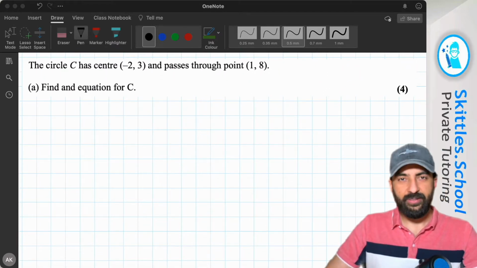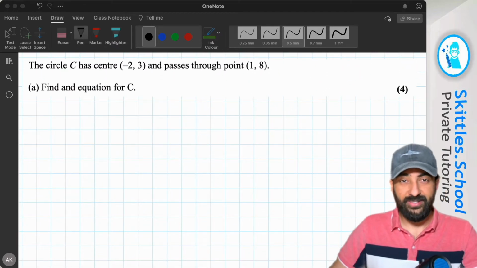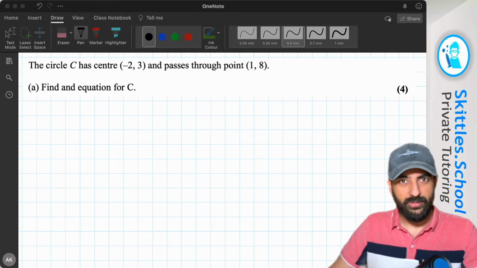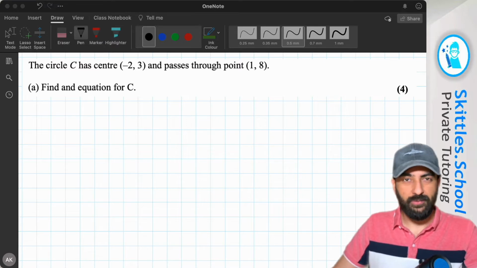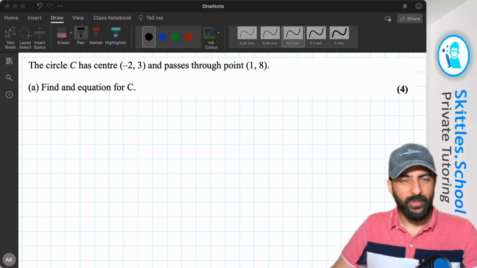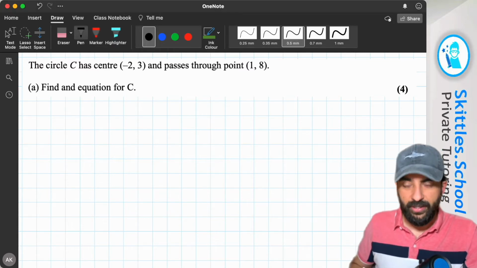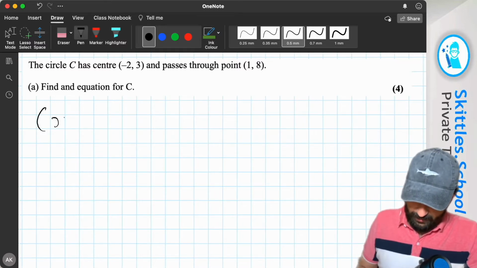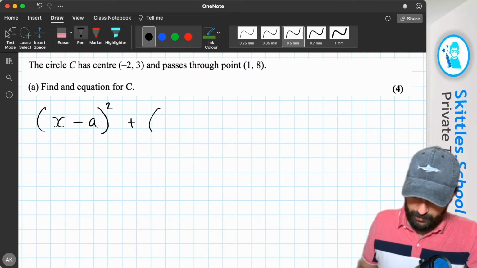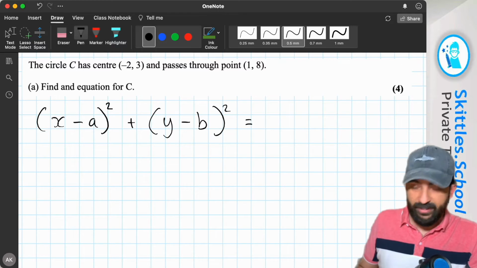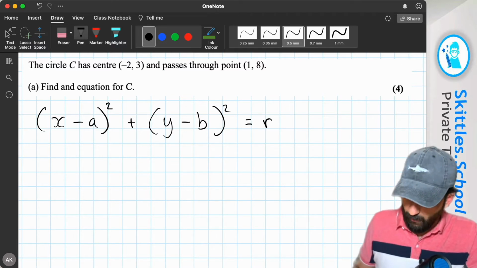So part A tells us that the circle has a center of -2, 3, and a point on the circle is 1, 8. So the circle passes through the point 1, 8, and we're going to find the equation of the circle. The general form of the equation of a circle looks like this. It's (x - a) squared plus (y - b) squared equals r squared, the radius squared.